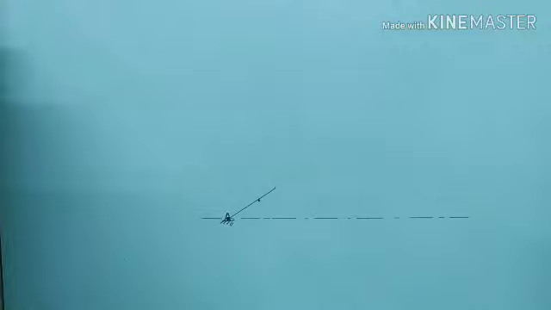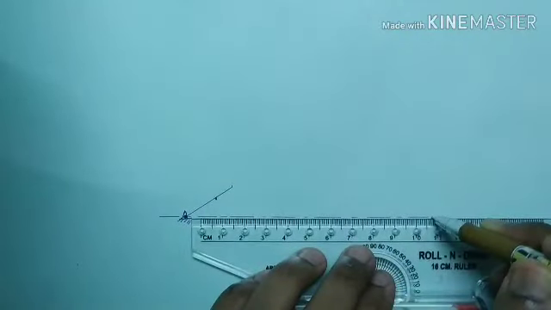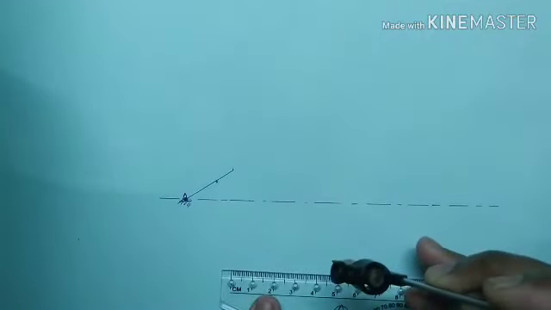From that point, there will be a connecting rod which will pass and give me the slider. The length of the connecting rod is 800 mm. With respect to the scale we have taken, 800 mm equals 10 centimeter, so I have to draw a line of 10 centimeter.